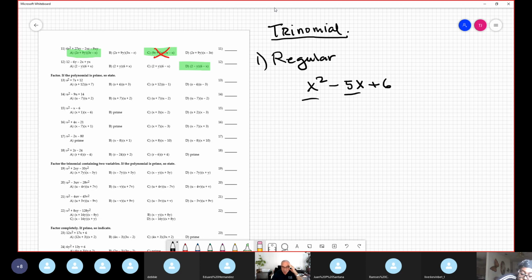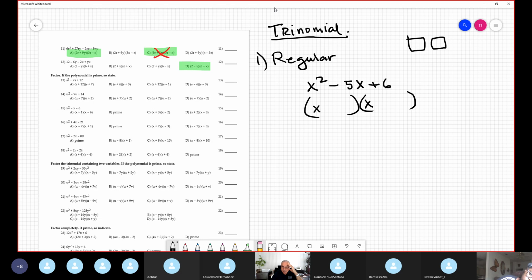It's a trinomial, 1, 2, 3, nice. And the factorization, when it's a trinomial, always you open 2 parentheses. You put the name of the variable as x, but in other cases, no x, maybe it's s, u, y, r. And you try to find two numbers that, when you multiply each other, give me 6.